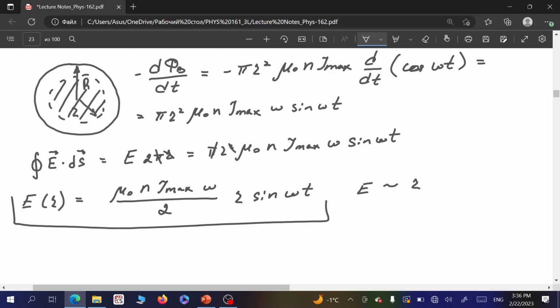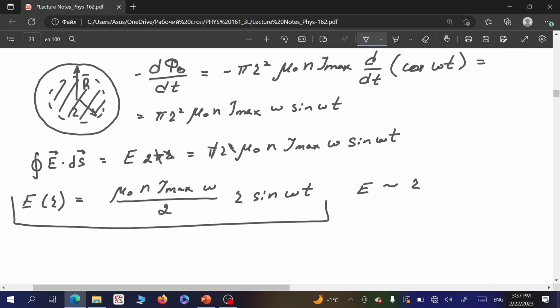The magnitude of this induced electric field is defined by position with respect to the solenoid. Inside the solenoid, it increases linearly from the center to the outer side of the solenoid.